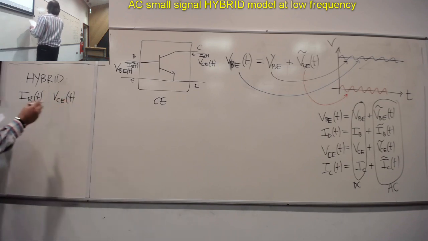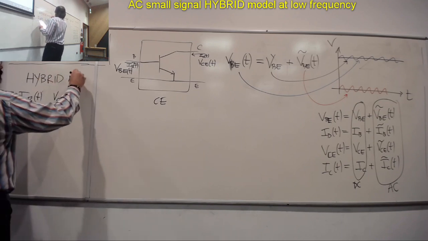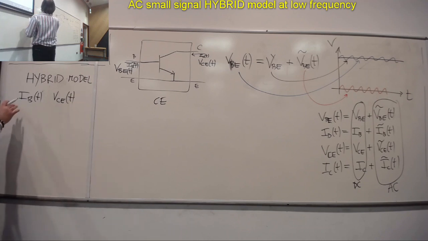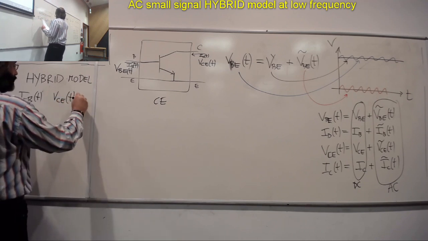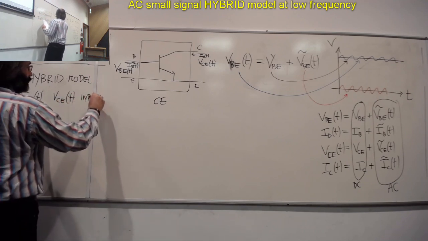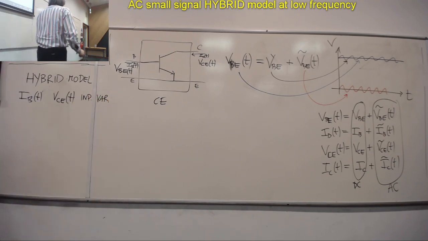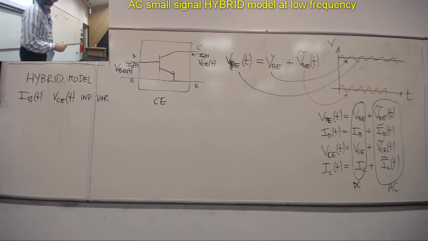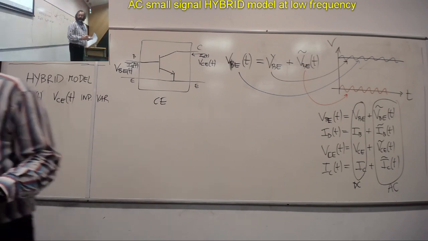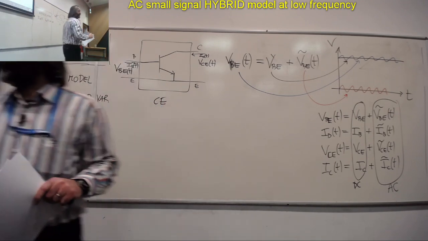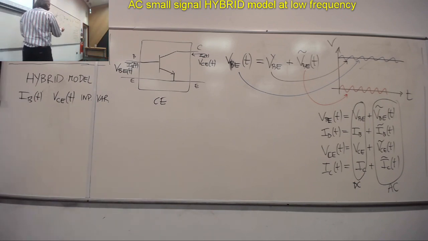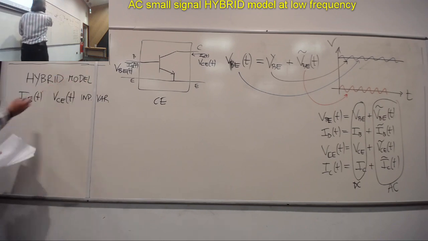So in the hybrid model, we assume that these two act as independent variables. And so automatically we realize the rest has to be a function of these quantities.